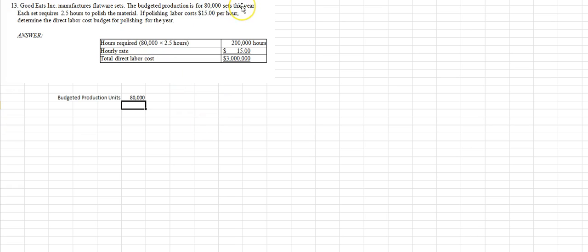And it's telling me that each of these units requires 2.5 hours, right? So each unit is going to take hours in labor, right? We're talking about labor hours per unit. Okay, so labor hours per unit is going to be 2.5.